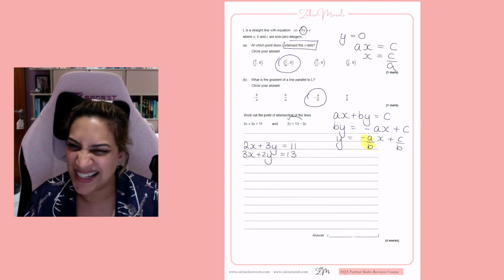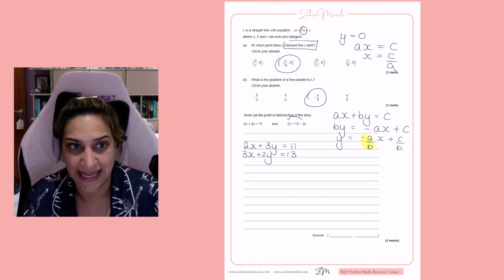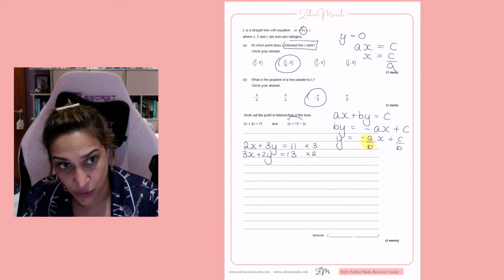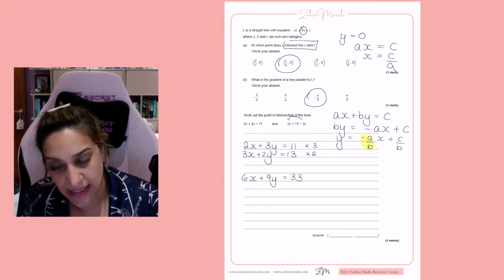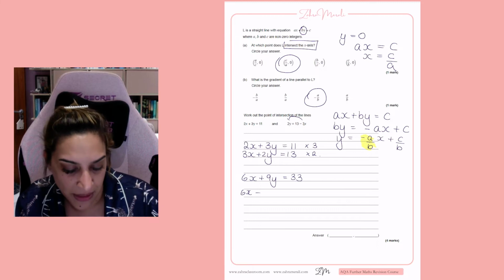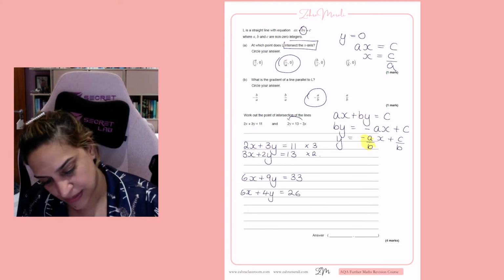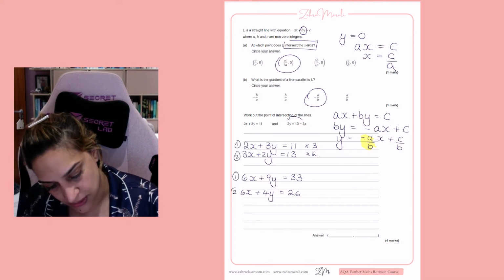We want either the x's or the y's to be the same, so I'm going to make the x's the same. I'm going to times this one by 3 and this one by 2. So I'm going to get 6x plus 9y equals 33, and 6x plus 4y equals 26. So that's my new 1, my new 2.